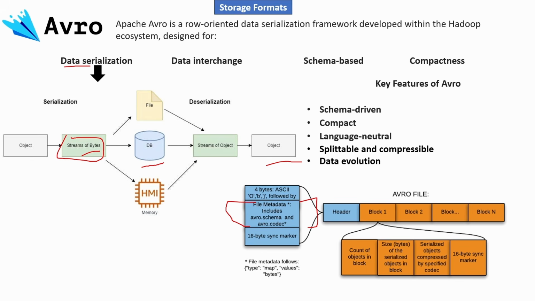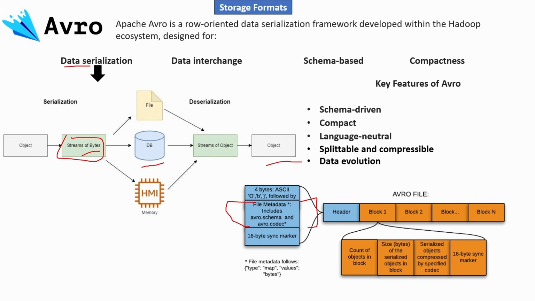As we had already discussed, the data here is stored in binary format, which is both smaller in size and faster to serialize and deserialize compared to textual formats like JSON or XML. Third, it is language neutral. We had discussed that Avro supports multiple programming languages such as Java, Python, C++, and more.